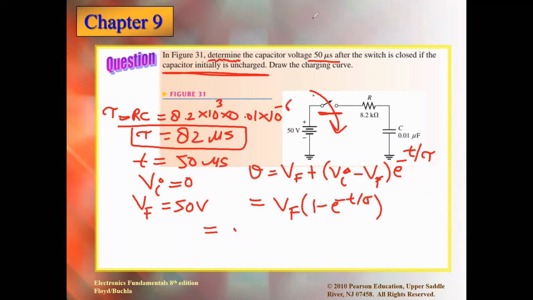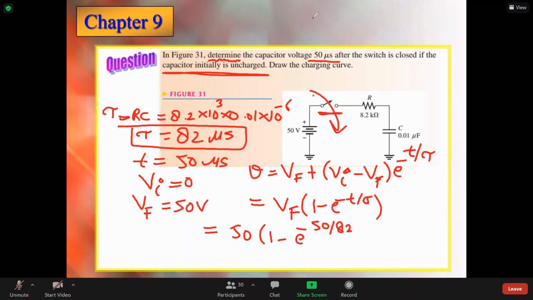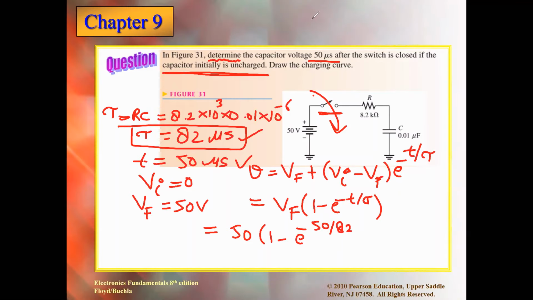Vf is 50 volts. Inside, 1 minus e raised to power minus T, which is given to you, 50 over 82. By the way, both units are the same, both are micro. This is important. It's better if you keep tau and T in the same unit, because it's a ratio and it will cancel out. Now use your calculator and find.